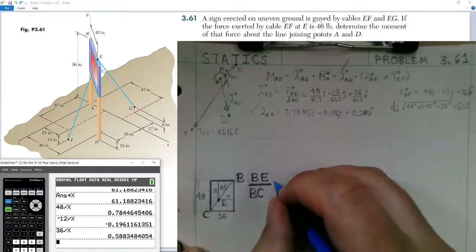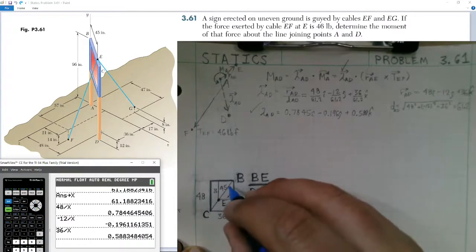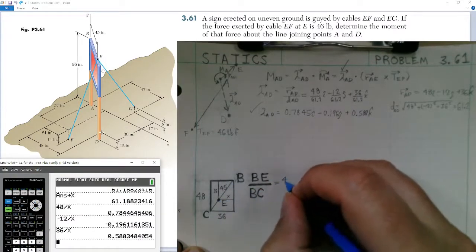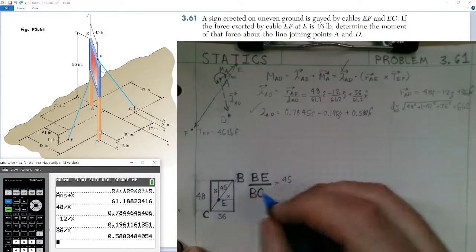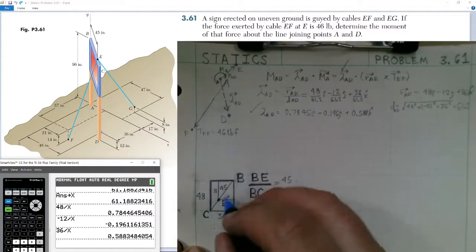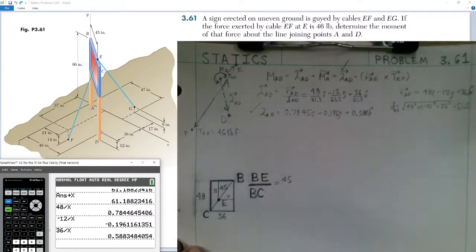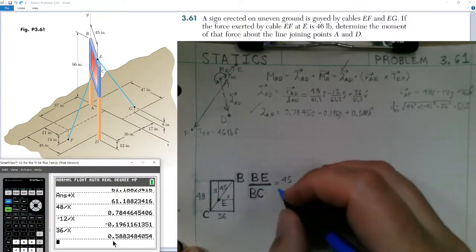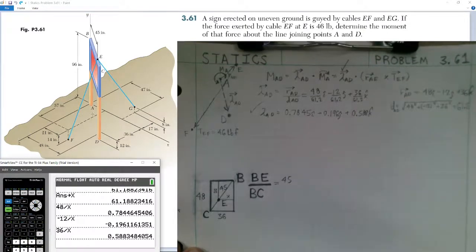So B to E over B to C. Notice we have 45 given from B to E. We can calculate what B to C is knowing these two components. Notice I have the 36 dimension right here in the Z, and we have the 48 right here in the X. Okay, so there's no Y distance along the top of the sign, so Y will be 0.